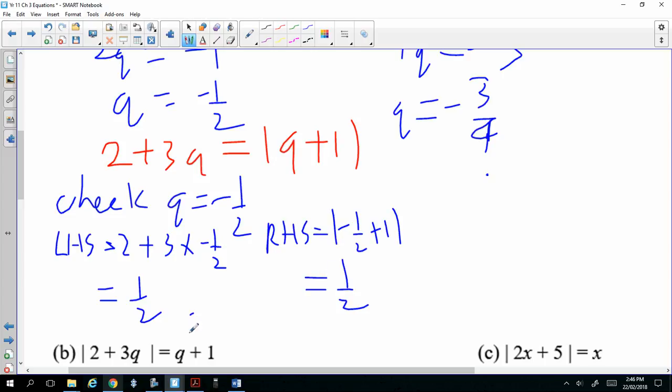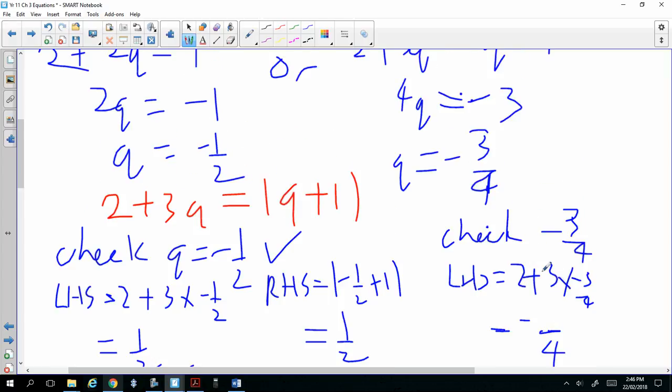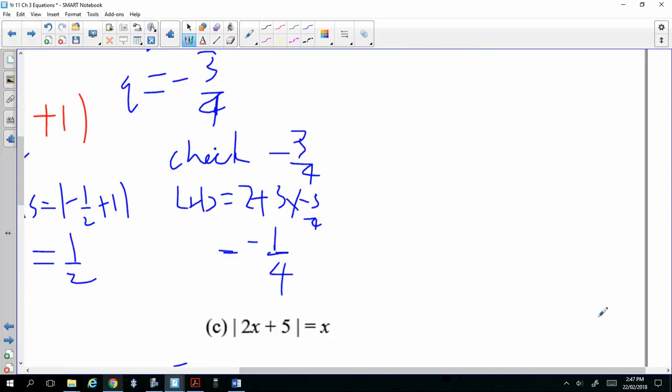And then you have to check the other one, negative 3 over 4. Left hand side equal to 2 plus 3 times negative 3 over 4, which is negative 9 over 4, so you get negative a quarter. Then the right hand side is equal to absolute value of negative 3 over 4.